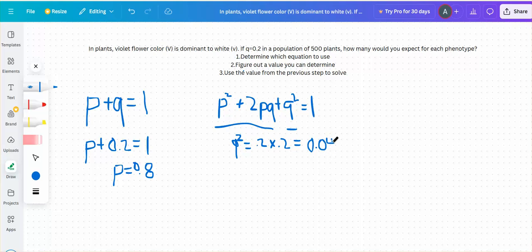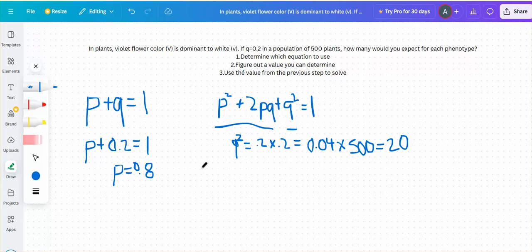So 0.04 times 500. That is going to be the frequency of the recessive phenotype in this population. And just like we solved before, that's going to just be 20 individuals. So we have 20 individuals with white flowers.